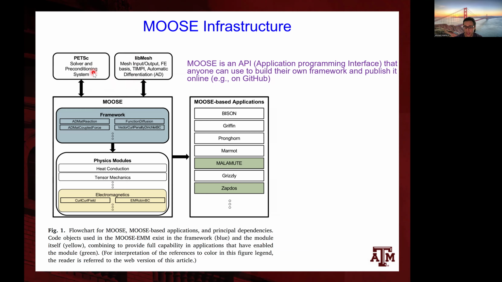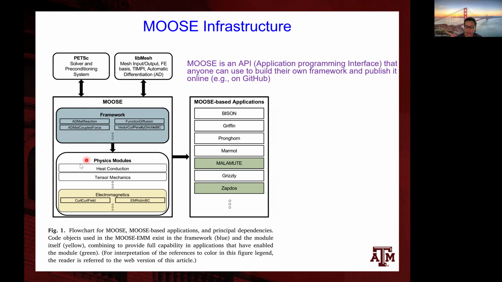And PETSc is a very robust nonlinear solver developed by Argonne. And then Moose itself has its own infrastructure that we call the main framework, which has some built-in capabilities.